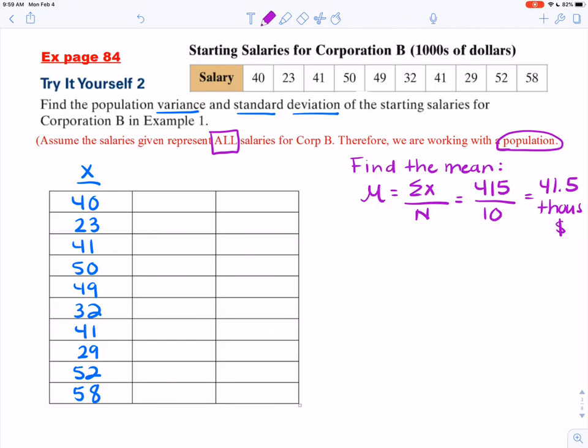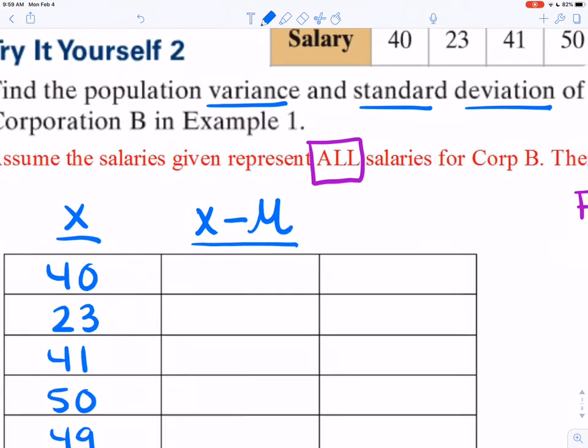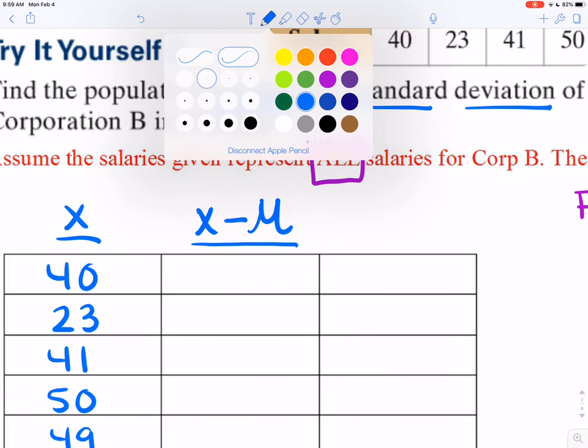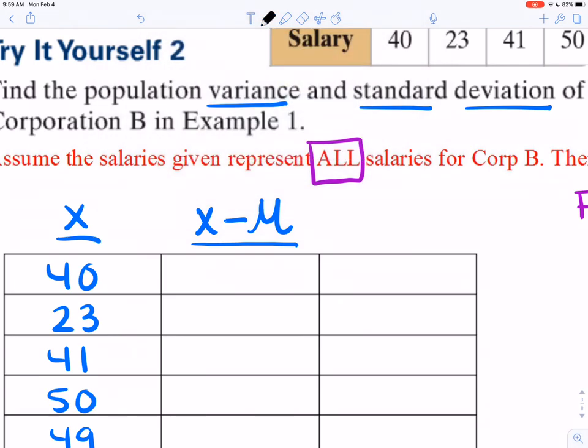All right, now to calculate variance and standard deviation, what I'm going to do is take each one of my data values and subtract this mean mu. Now, I'm writing this using the notation because I want you to be able to see how this relates to the formula. But I also want you to not get too hung up in all of the notation. So when you see something like this, you want to remember x simply represents a data value and mu represents a population mean.